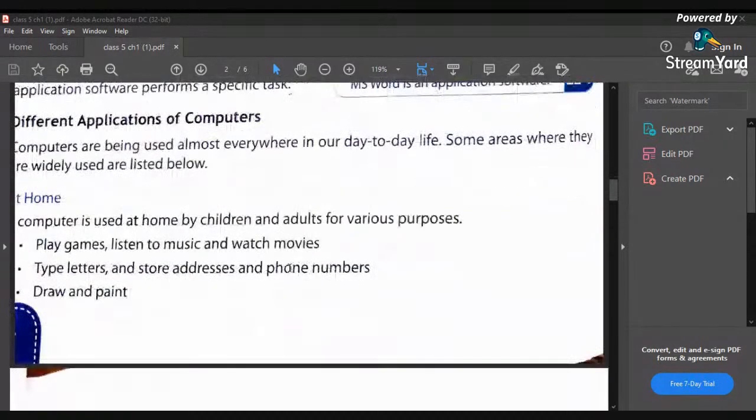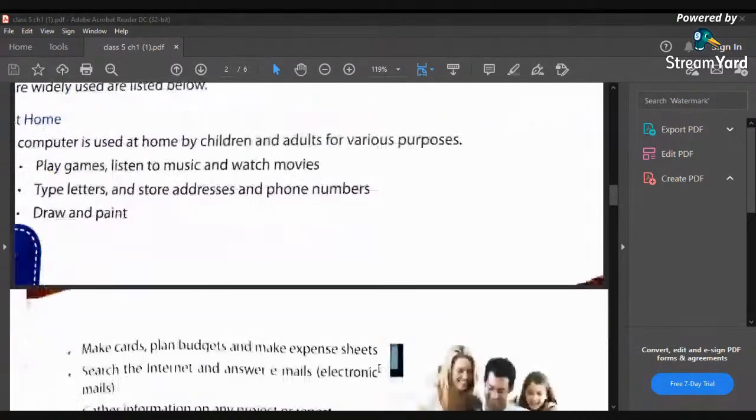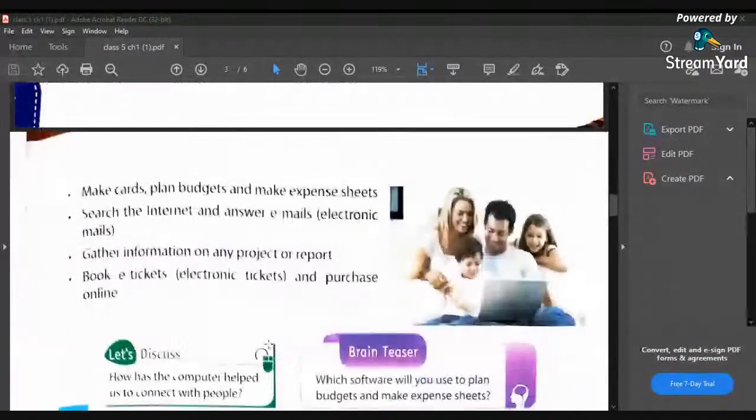And we can type letters and store addresses and telephone numbers with the help of the computer. You can draw and paint pictures with the help of computers. All these things you can do with the help of computers.